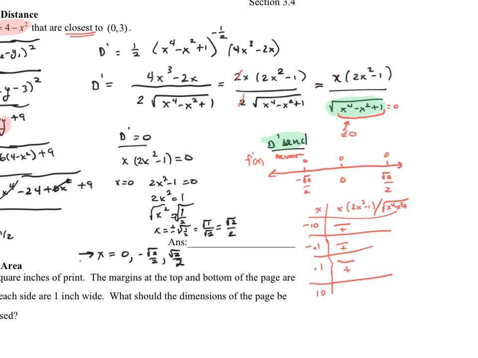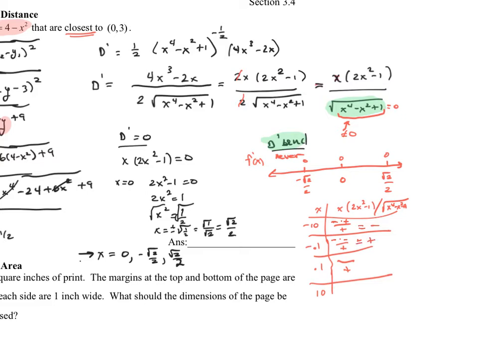Just the sign of them for each of them. So if I plugged in negative 10, I would have a negative times a positive over a positive, which is negative. If I plugged in negative 0.1, I'd have a negative times a negative over a positive, which is positive.